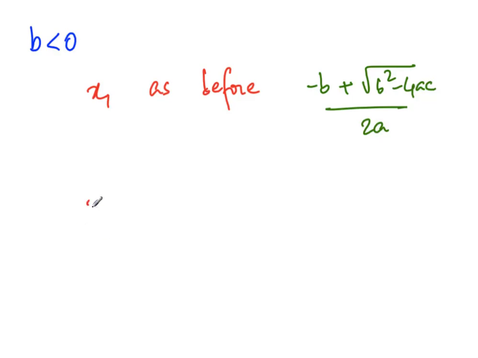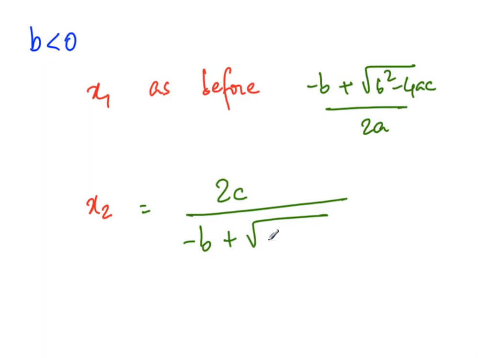But for x2 you do a similar trick, the same trick as before, and you work it out, and you will get x2 equal to 2c by minus b plus the root of b squared minus 4ac. Since b is negative, minus b is positive, so again the subtractive cancellation has disappeared. So by doing a suitable rewriting, we have eliminated both subtractive cancellations, and this allows us to compute the roots of a quadratic equation without having any subtractive cancellation.